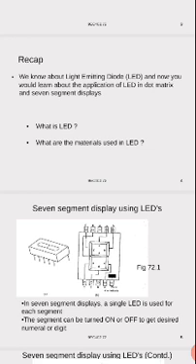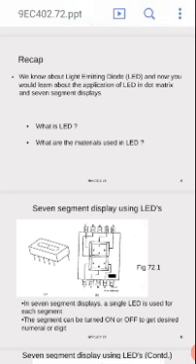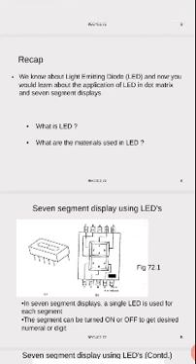These 7 segments are connected to each pin, which is shown in the figure. Each segment is connected to different pins.